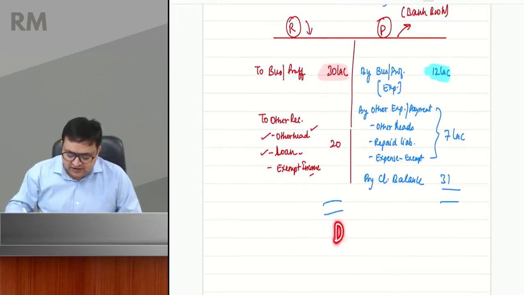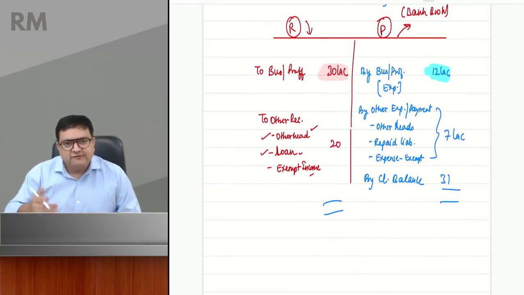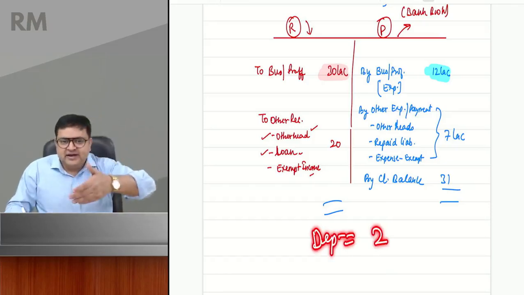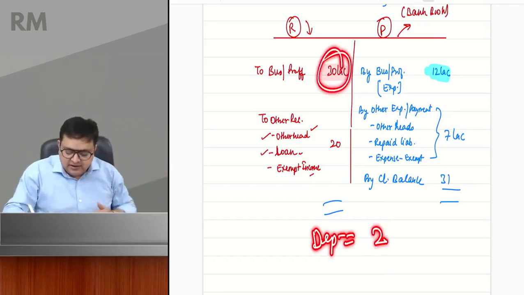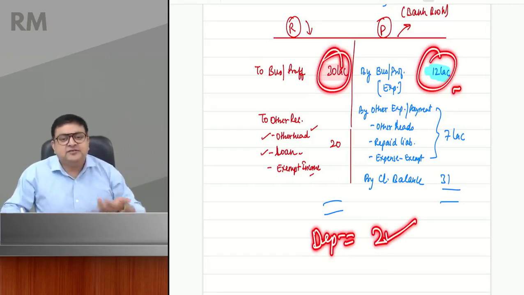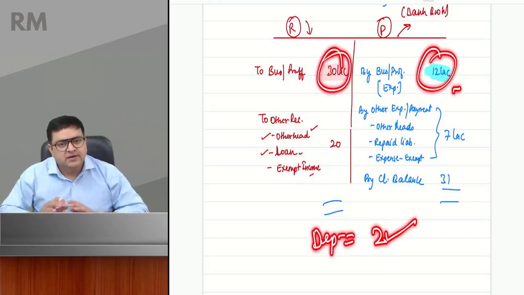If there is any non-cash item like depreciation or other deductions, you should give them separately. So if I say there is a depreciation also of 2 lakh, you all said 18 lakh, which is perfectly correct, 30 minus 12, 18. And minus 2 lakh depreciation, 16 lakh will become your PGBP income.